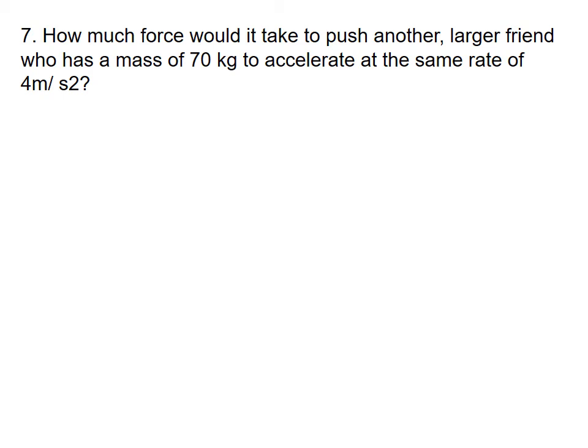So on this problem here, it says how much force would it take to push another larger friend who has a mass of 70 kilograms to accelerate at the same rate, 4 meters per second squared. So we're solving for force. Force is equal to mass times acceleration.